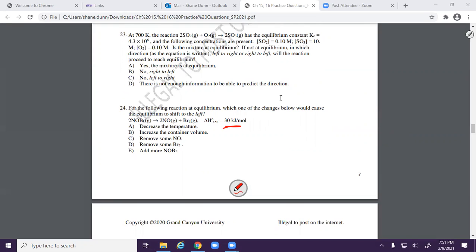That guy's positive, which means he's endothermic, which means heat is being added to the reactant side. Good. So I want to proceed to the left. What does the left mean? Left means what? Reactants. Want to make more of this stuff.